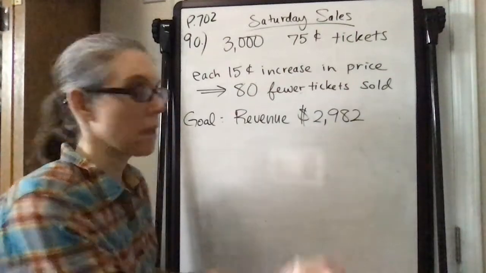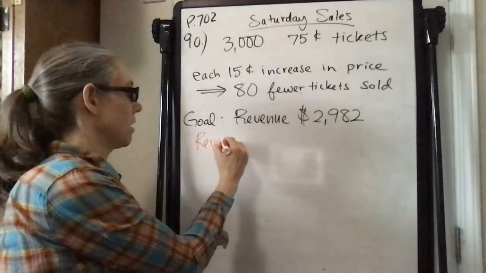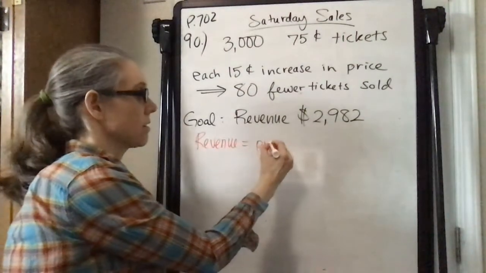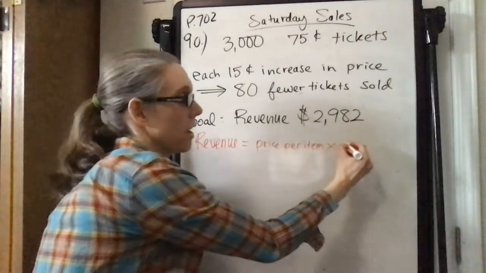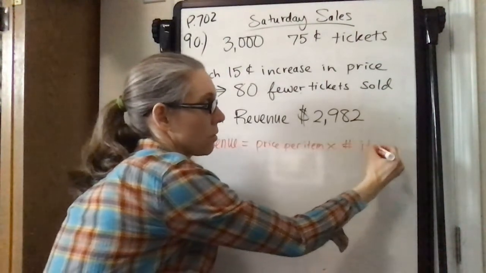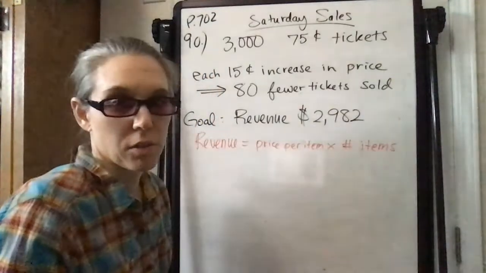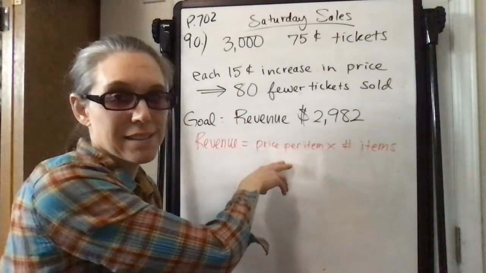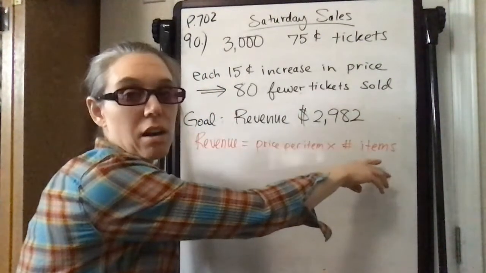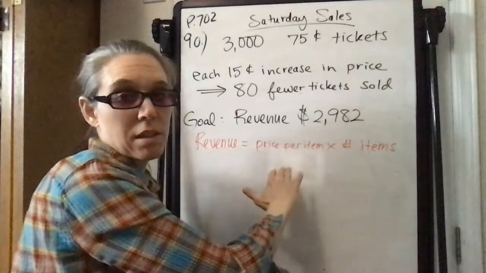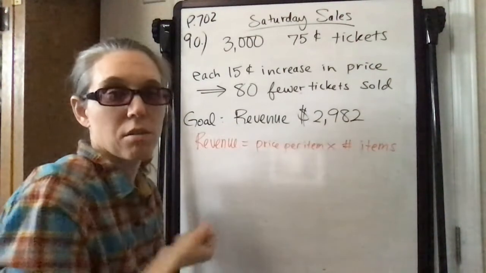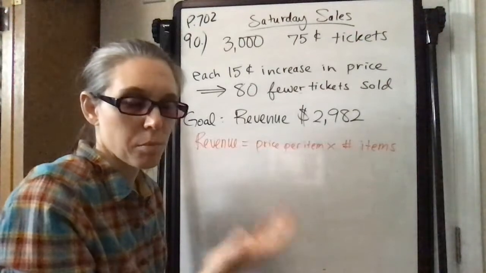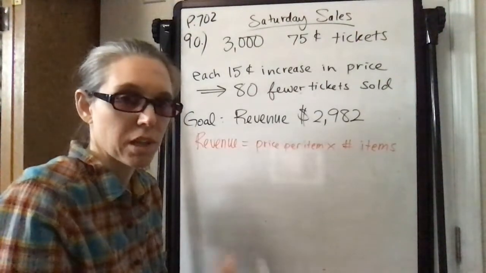Revenue is the price per item multiplied by the number of items, right? So if you have 50-cent bananas and you sell 10 of them, 50 cents times 10 is $5, so that means you bring in $5. That's not profit, that's just how much money you're bringing in.